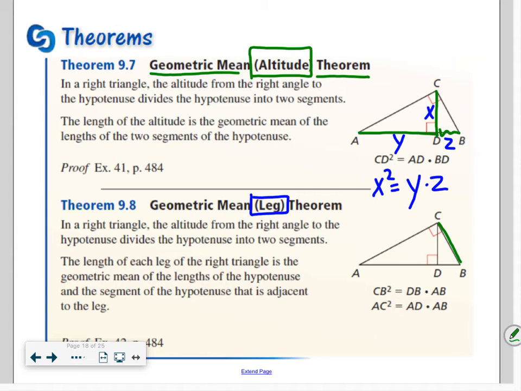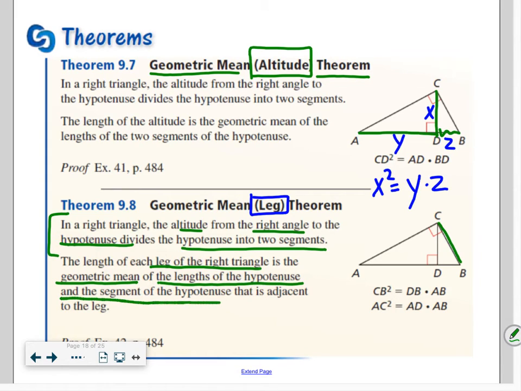Again, it says in a right triangle, the altitude from the right angle to the hypotenuse divides the hypotenuse into two segments. The length of each leg of the right triangle is equal to the geometric mean of the lengths of the hypotenuse and the segment of the hypotenuse that is adjacent to the leg.